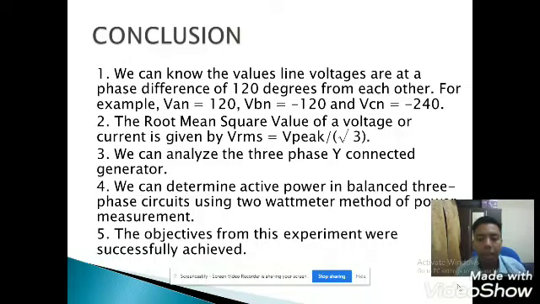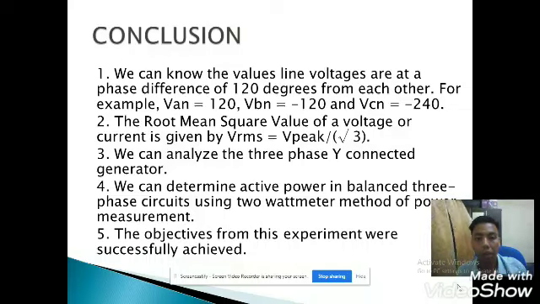Okay, then lastly, conclusion. We have 5 conclusions. First, we can know the line voltages are at a phase difference of 120 degrees from each other. For example, VAN is equal to 120, VBN is equal to negative 120, and VCN negative 240.